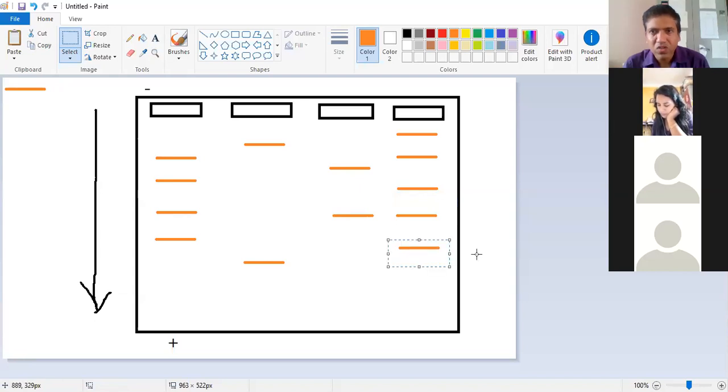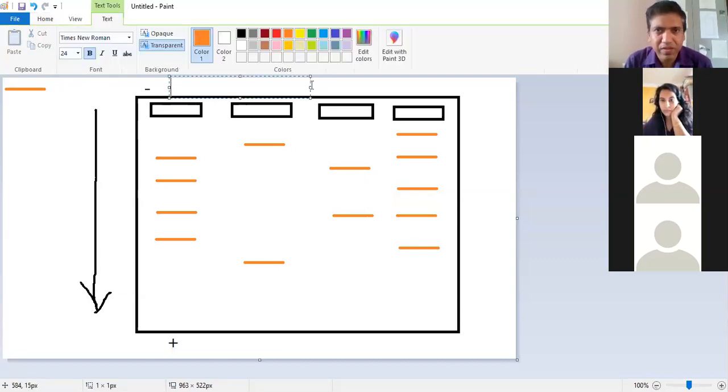Now, in this example I am showing 4 wells. This is well number 1, this is well number 2, this is well number 3, and this is well number 4.